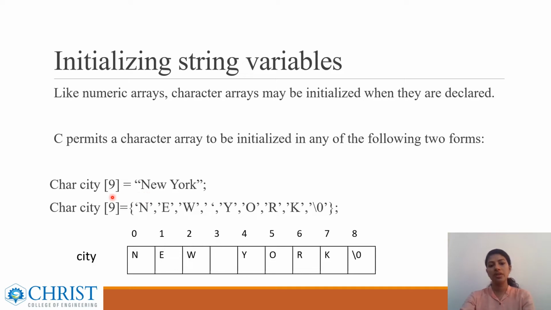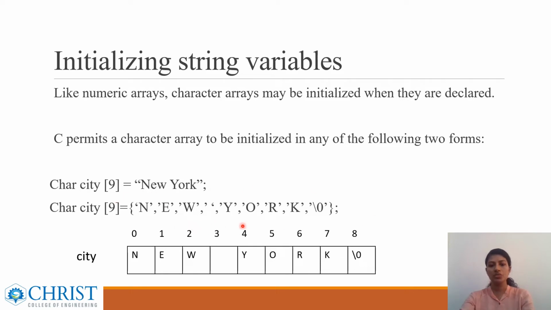Now why are we giving 9 as the size of this string variable? This is because whenever a string is initialized with a value, the last character should be the special character \0. So the value of the string variable city is New York and the last character will be \0. So we have 8 characters in New York plus \0. So in total it is 9.